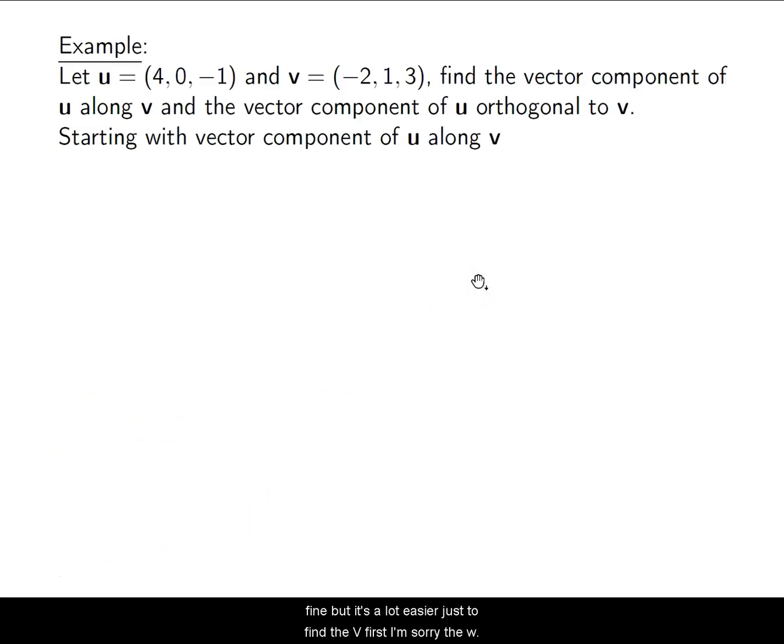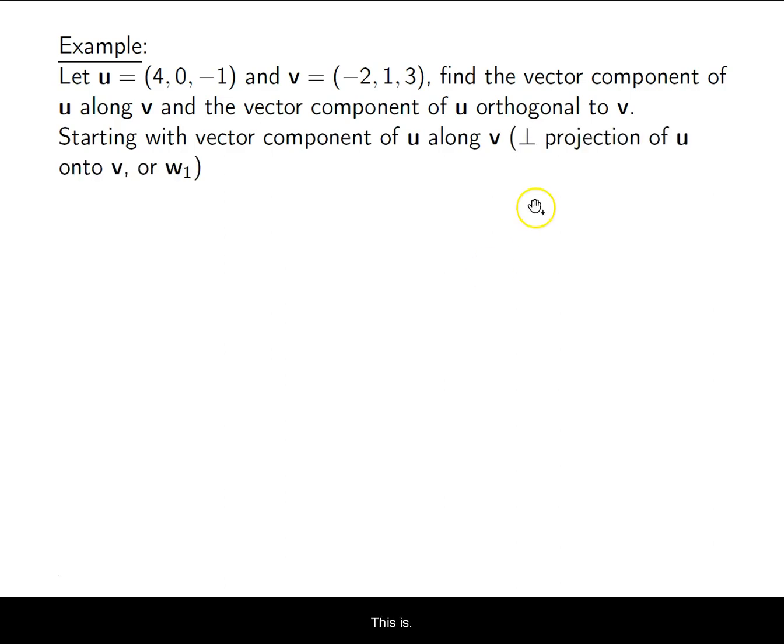Or, I'm sorry, the W1. So this is the orthogonal projection. So the projection onto v, right? It's the one that goes along with v, right? So the projection is, if I were to shine a light down, this would be the shadow. It runs with v in the same direction, but not as long, or maybe possibly longer.